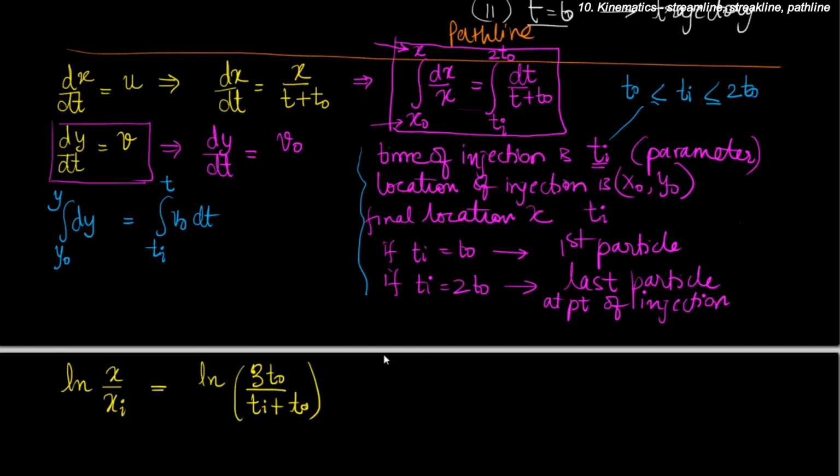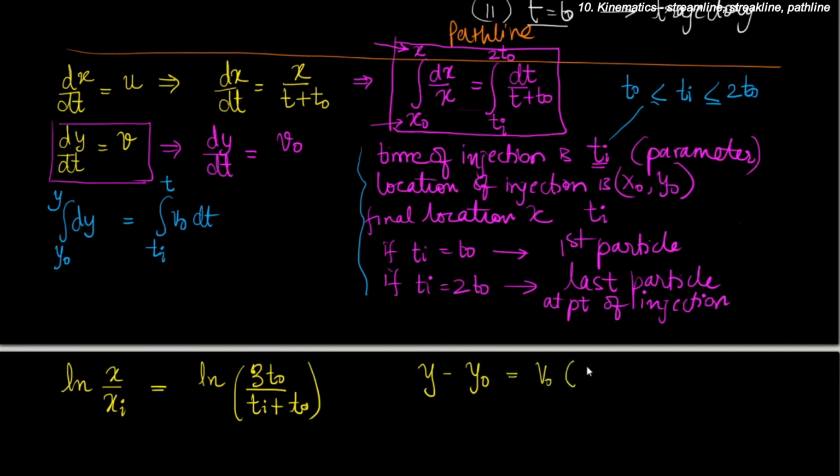We can integrate the y equation quite easily, and it gives y minus y naught is equal to v naught times the final time minus ti. This integration should be to the final time, that is 2 t naught, because it has to go from that variable time to the final time 2 t naught. So it will be 2 t naught minus ti.